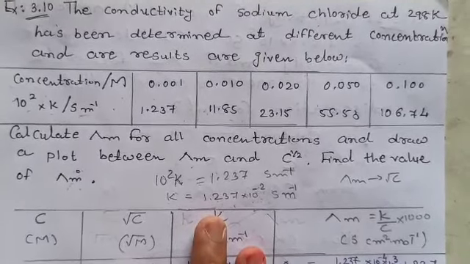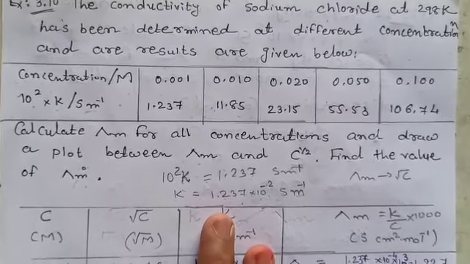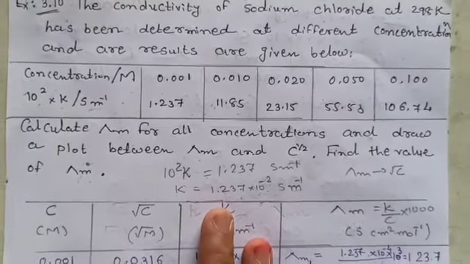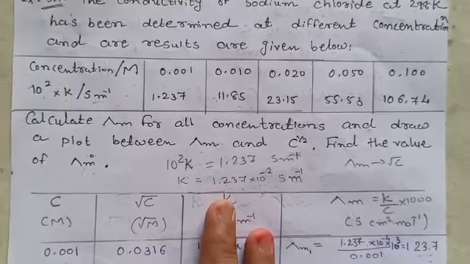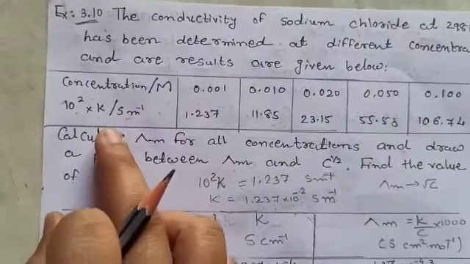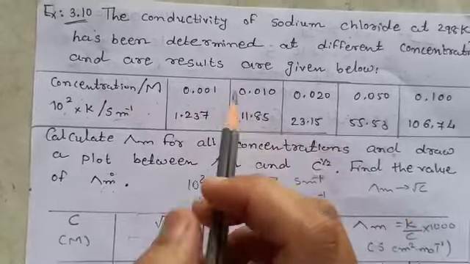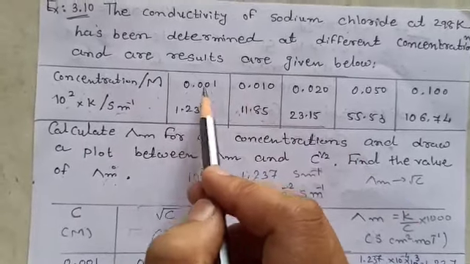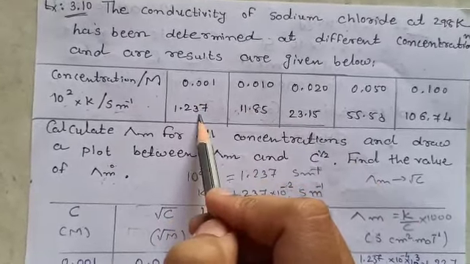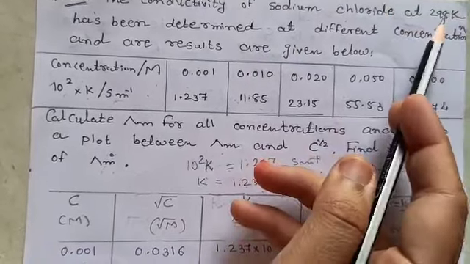The conductivity of sodium chloride at 298 Kelvin has been determined at different concentrations, and the results are given below. Here the concentration and conductivity are given for sodium chloride at 298 Kelvin.